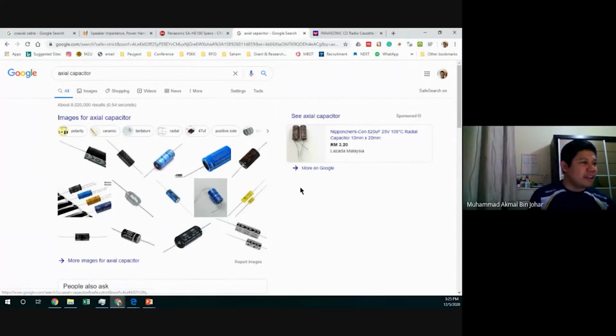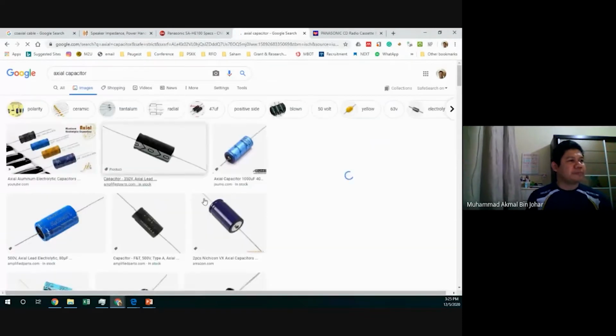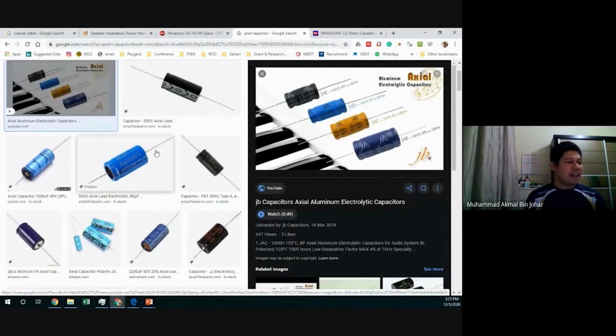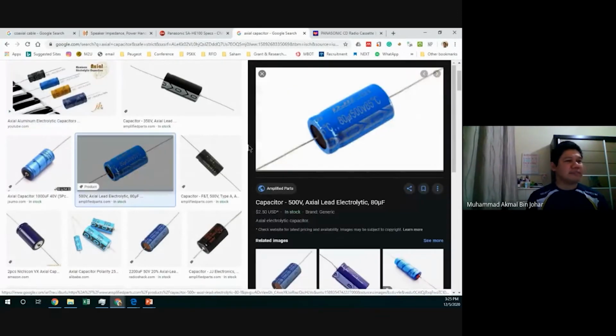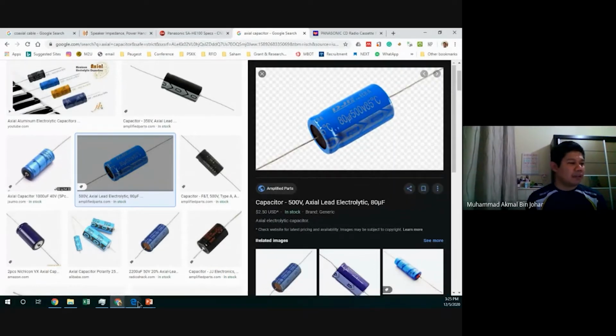So here you can see an example of an axial capacitor. The structure is slightly different, right? Itu letak dalam kita punya slide.